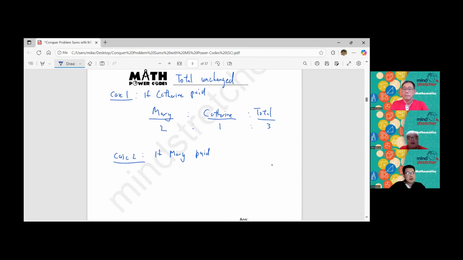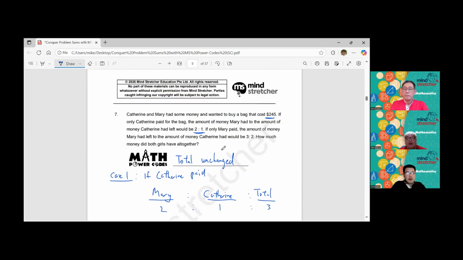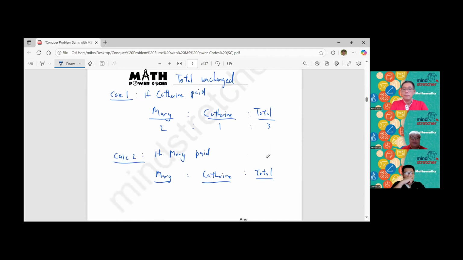Okay, if Mary paid for the bag, then the ratio will be, let me write down first, Mary, Catherine, and total. So if Mary paid, then the ratio will be 3:2. That means this is 3:2. Okay, so for this case, the total is 5.